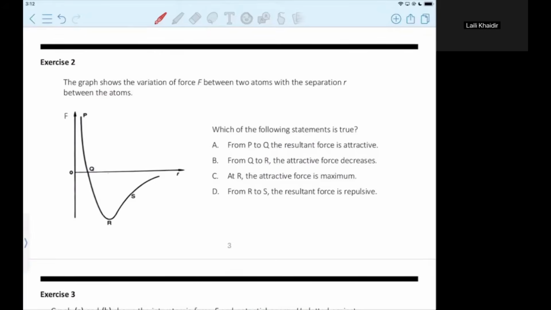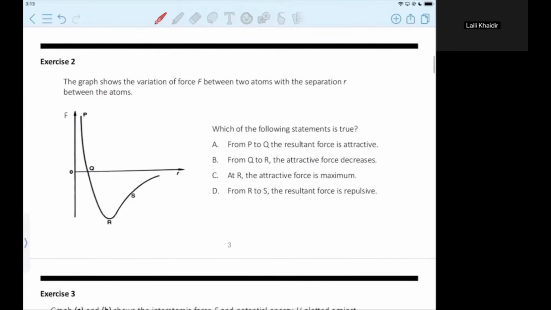Question number 2. The graph shows the variations of force between two atoms with their separations. The question is asking us to find which of those statements is true. So we look at them one by one. From option A, it is stated that from P to Q, the resultant force is attractive.